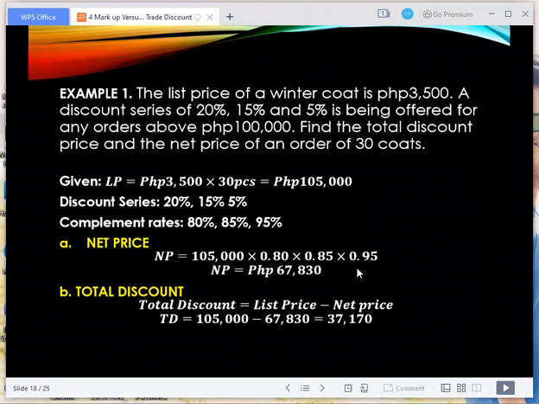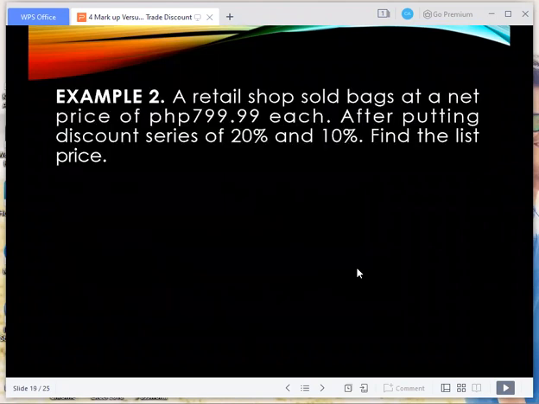Okay, let's proceed with the second example. A retail shop sold bags at a net price of 799.99 pesos each after putting discount series of 20% and 10%. Find the list price.